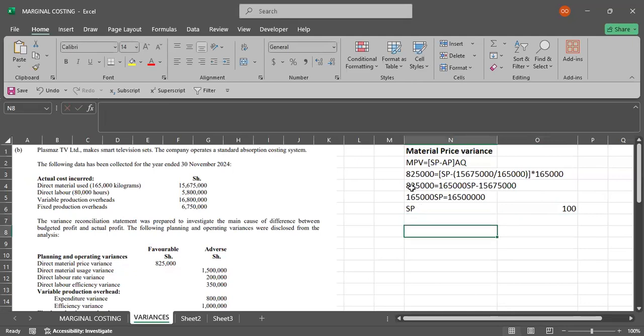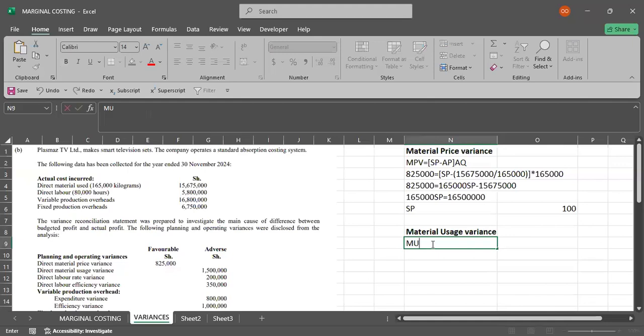From material price variance, we need to get material usage variance. So how do we get material usage variance?